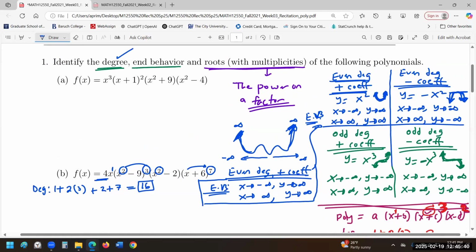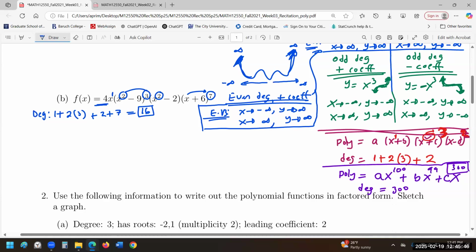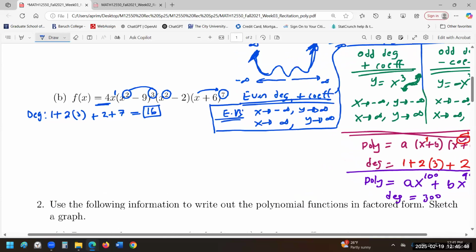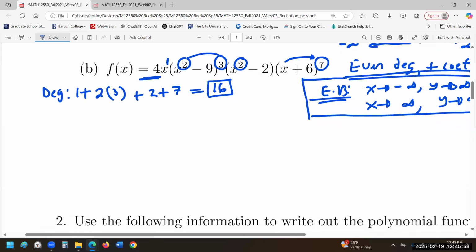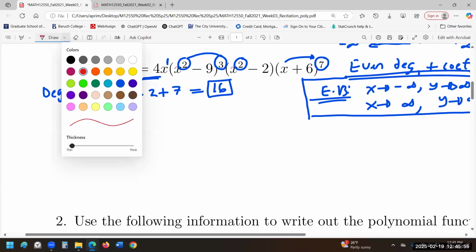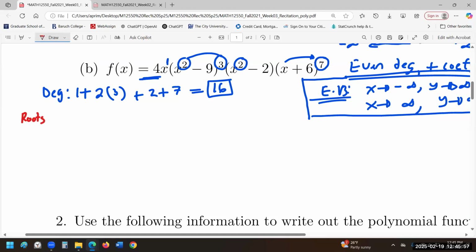So we did degree, we did end behavior, now roots with multiplicities. Root means x-intercept. So you take each factor. Let me make it bigger so that I have enough space for each one of them. So, roots. The first factor is 4x, so we say 4x equals 0.